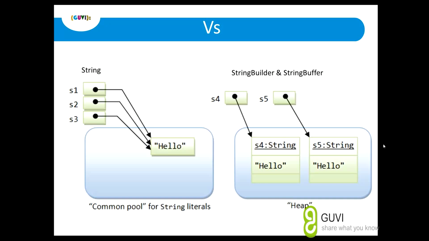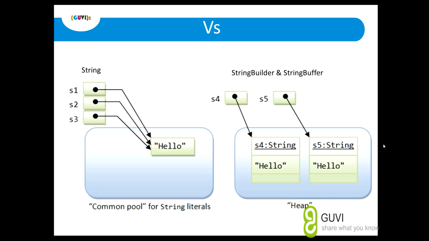StringBuffer is thread safe and synchronized. That means two different threads cannot call the methods of StringBuffer simultaneously. On the other hand, StringBuilder is not thread safe and it is non-synchronized. That means two different threads can call the methods of StringBuilder simultaneously.